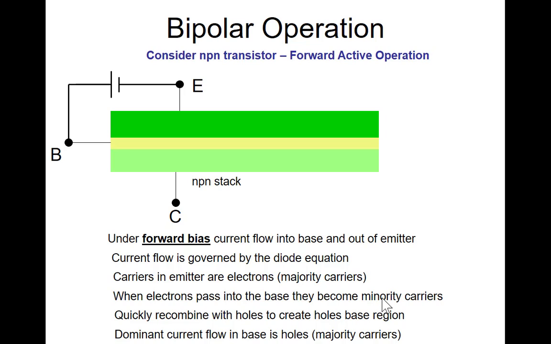But something happens. If you've got current flowing through this junction, you've got hole current here and electron current on the other side. So something has to change when they go across that junction to become majority carriers again. If those holes went across that PN junction, they would be minority carriers in that emitter region. When electrons pass into the base, the current flows in this direction, but you recall the convention that was established is that current flow is in the opposite direction of electron flow.